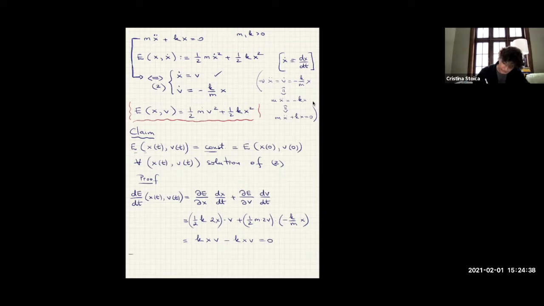So this means that dE dt along any path that fulfills the system, in other words any path that is a solution of the system, is 0. This implies that E of x of t, v of t will be a constant for any t.